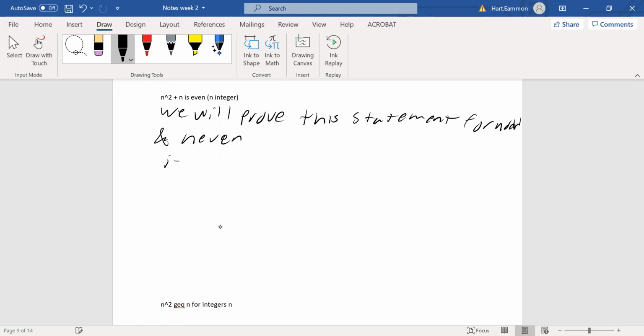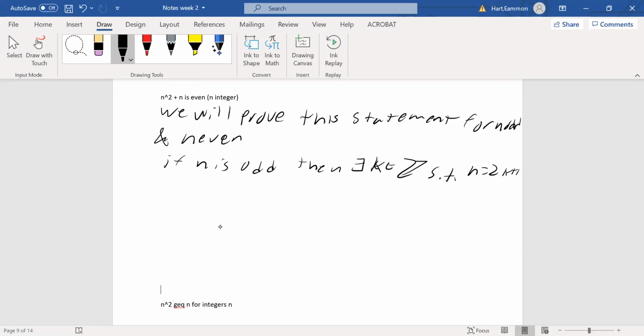So if n is odd, then there exists a k in the integers such that n is equal to 2k plus 1.